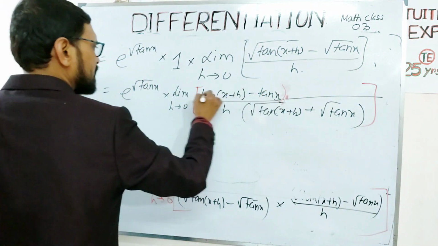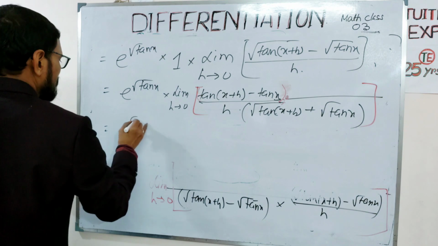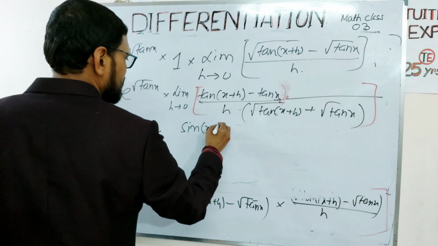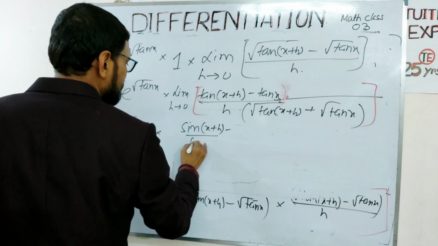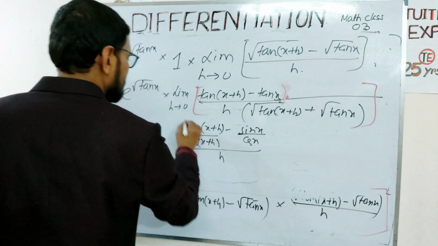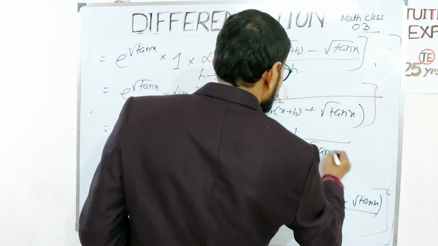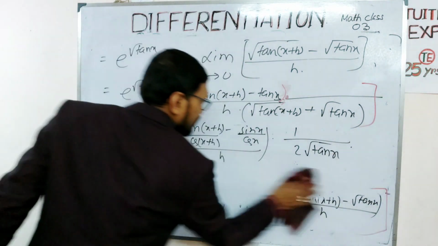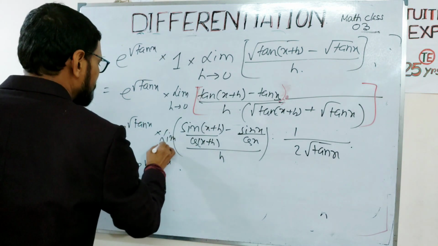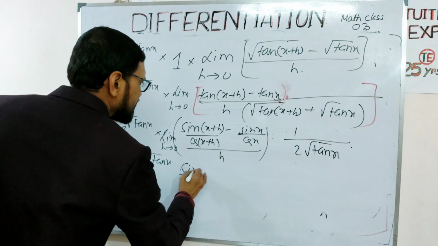Now this and this by this becomes one formula. If we break tan into sine by cos, the result becomes sin of x plus h by cos of x plus h minus sin x by cos x, by h. So this becomes this, and put h equal to 0 here. So e to the power root tan x into the limit, limit h tends to 0. Now the formula sin a cos b minus cos a sin b becomes sin of a minus b.